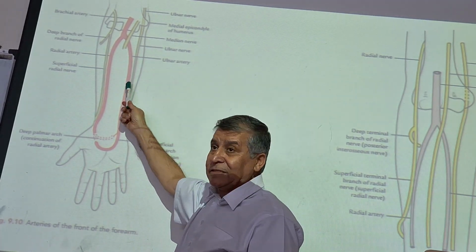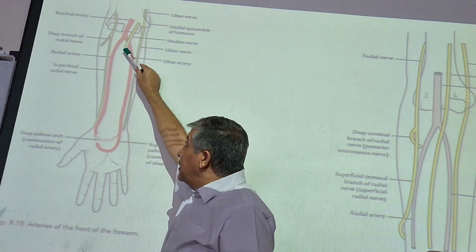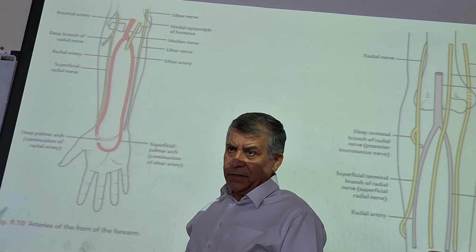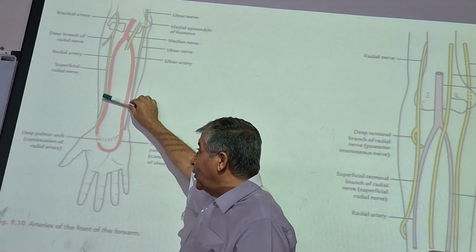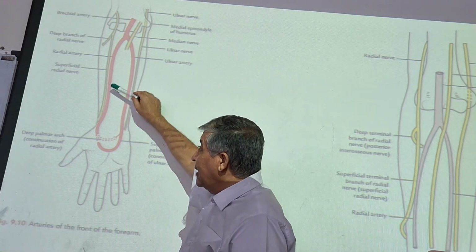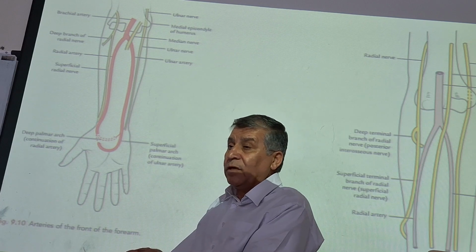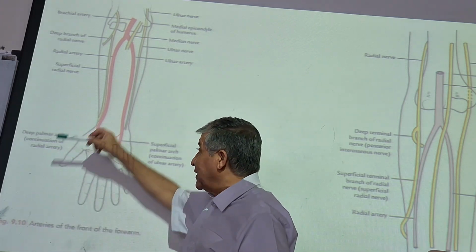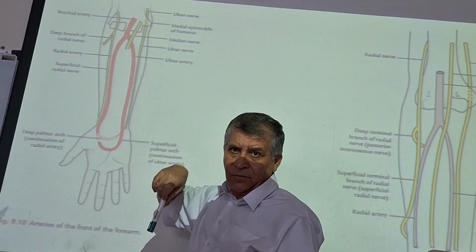Medially, you can see the ulnar nerve and ulnar artery. In the mid position, you can see the median nerve. Okay? But in the lower forearm, the radial nerve passes behind the brachioradialis. For this reason, in the lower forearm, we cannot see the radial nerve. Okay?